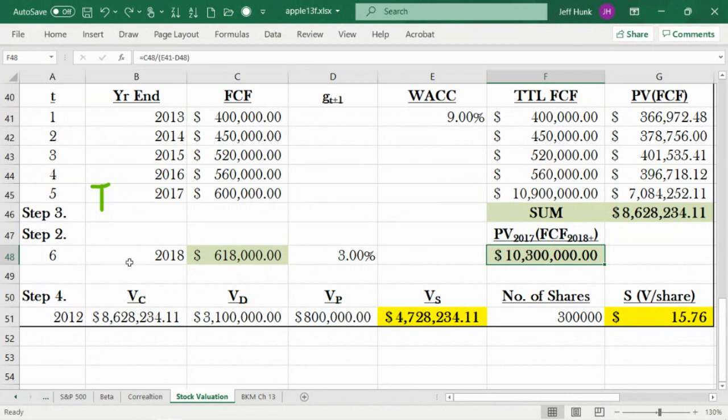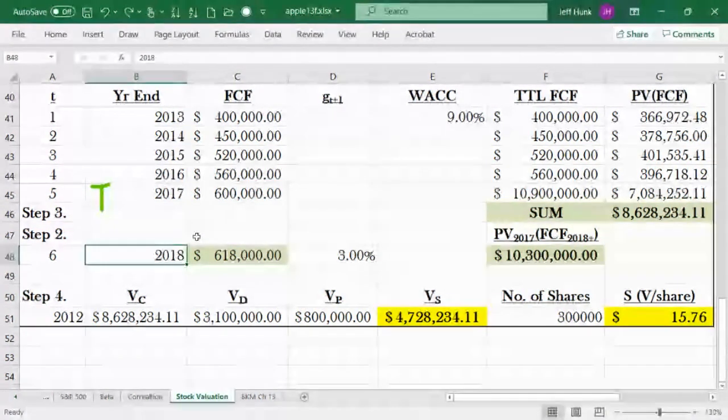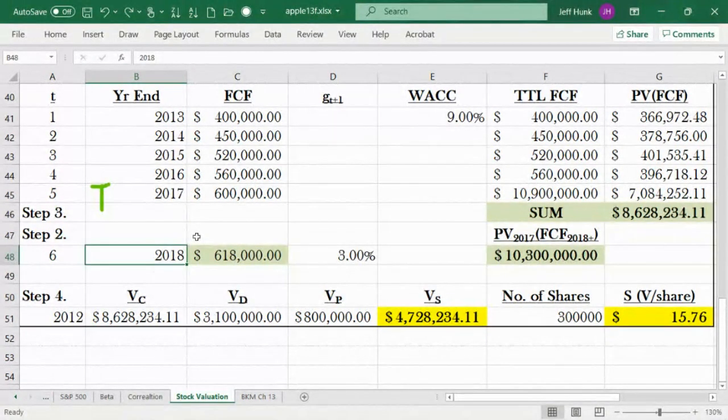So in other words, for year 6, which is 2018, as I said, this time we'll be using... where's the pen? I need some air.